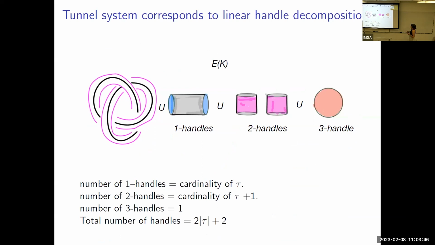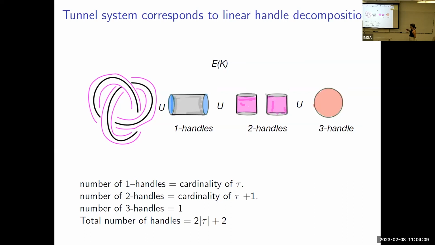So that is given by: we can fill the knot exterior by adding a set of 0-handles, then a collection of 1-handles, then 2-handles, and finally a 3-handle. And so then we can count the number of handles. The number of 1-handles will be the cardinality of the Tonnen system.